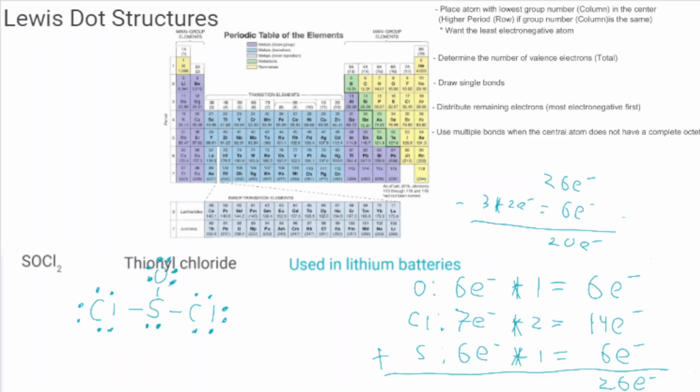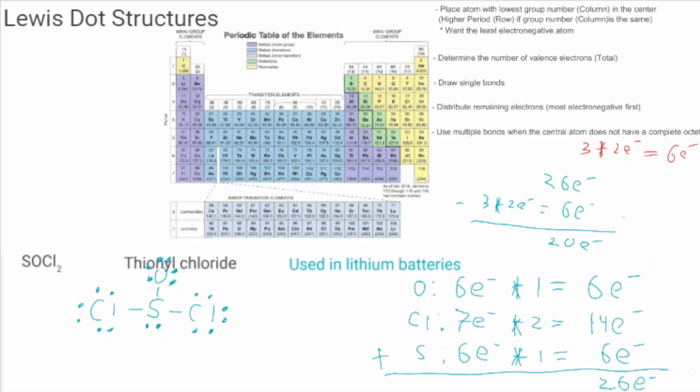So again, we have 3 bonds with 2 electrons each, giving us 6 electrons. And then we have 6 from this chlorine, 6 from this chlorine, 6 from this chlorine, giving us 12. 6 from this oxygen, bring us up to 18, and then 2 from sulfur, bring us up to 20.